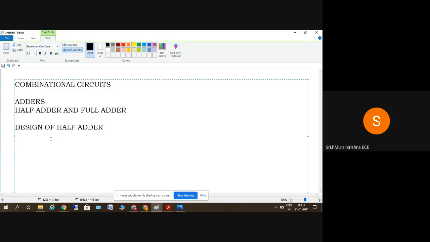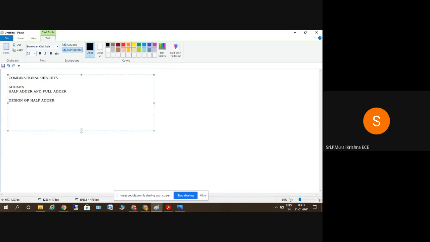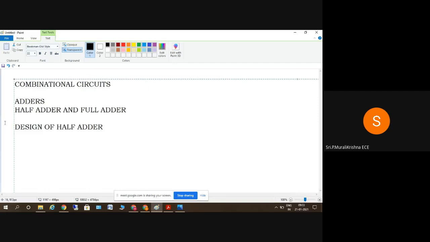Generally, a half adder will add 2 bits.